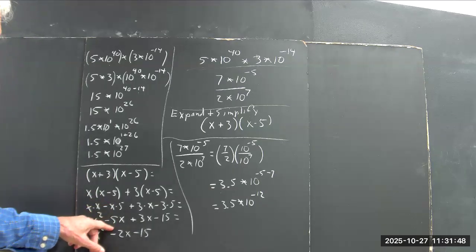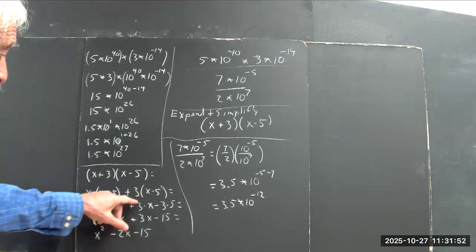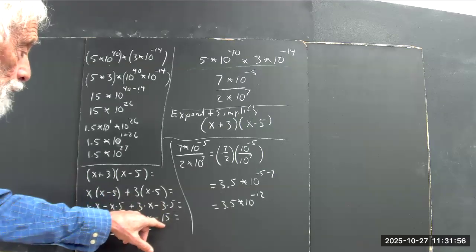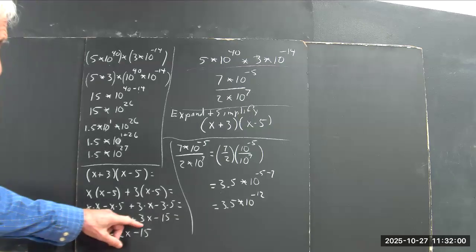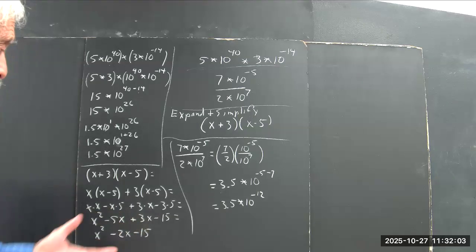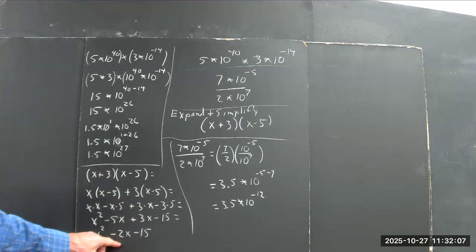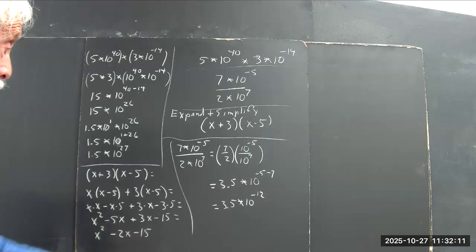X times 5 is the same as 5x, and negative x times 5 becomes negative 5x. 3 times x is just 3x, and negative 3 times 5 is negative 15. And then negative 5x plus 3x is really negative 5 plus 3 times x, which is negative 2x. And my final result is x squared minus 2x minus 15.